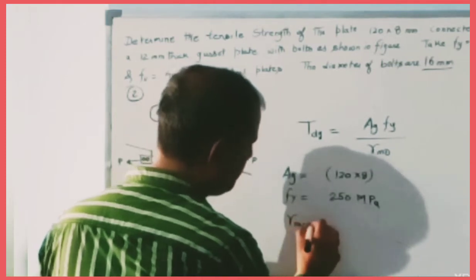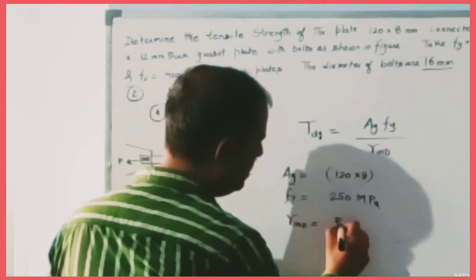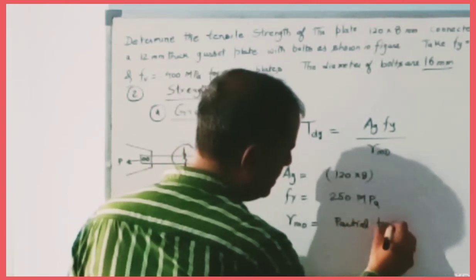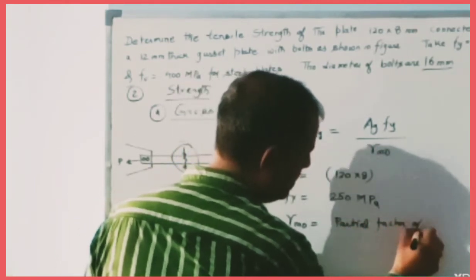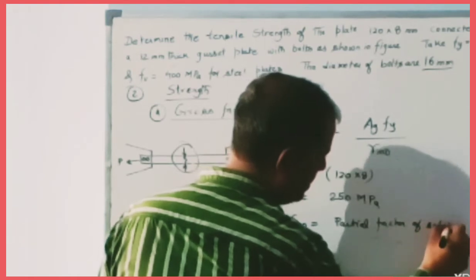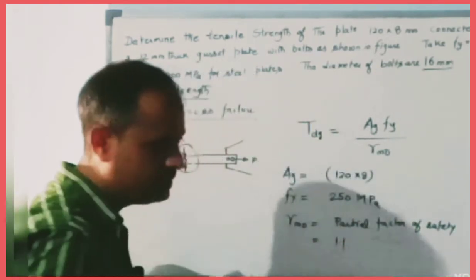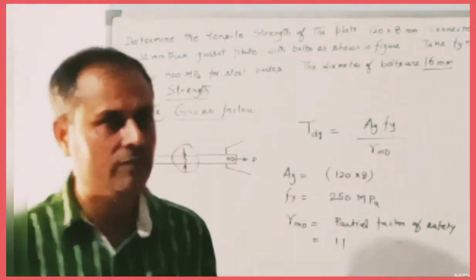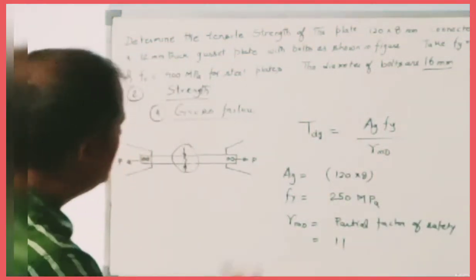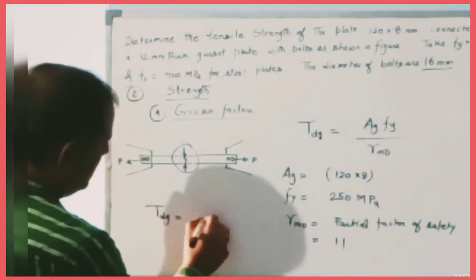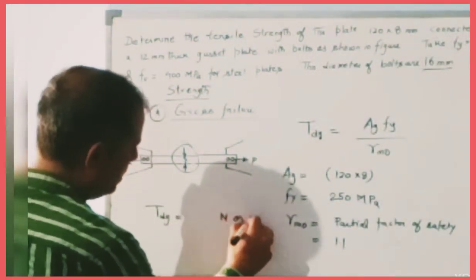Gamma m0 is the partial factor of safety, and we generally take its value as 1.1 in case of yielding failure. So putting all these values, we can calculate Tdg in newton or kilonewton.